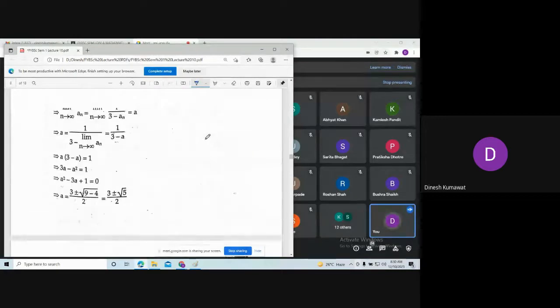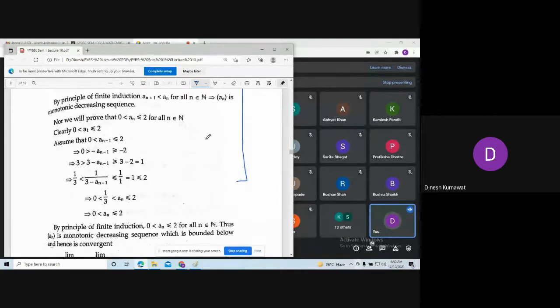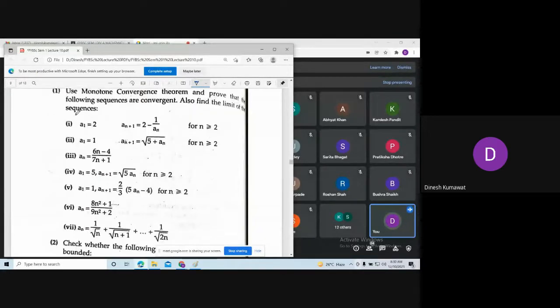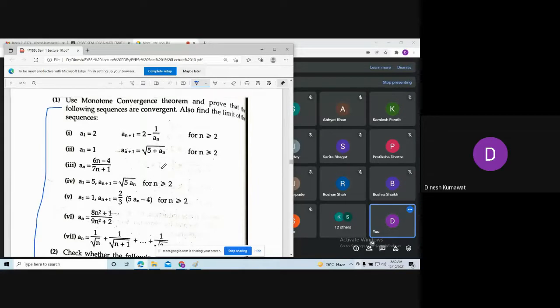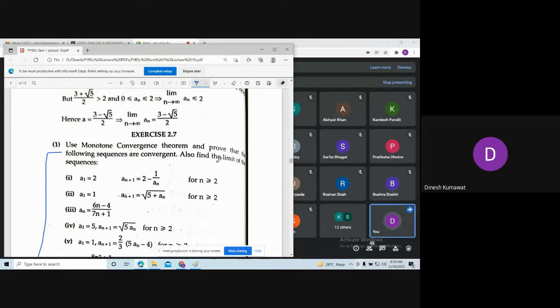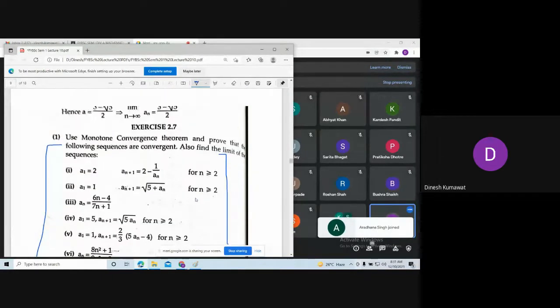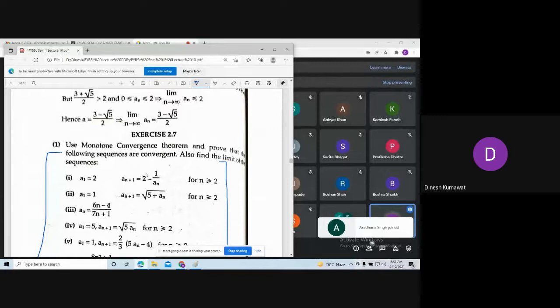Now see, this is the last example. So let me take it, and I am going to leave these examples for your homework, which are there in your exercises. So that if you are able to solve this, then you will be more confident in this subject. Please try to solve at least 2 or 3 problems from these exercises.